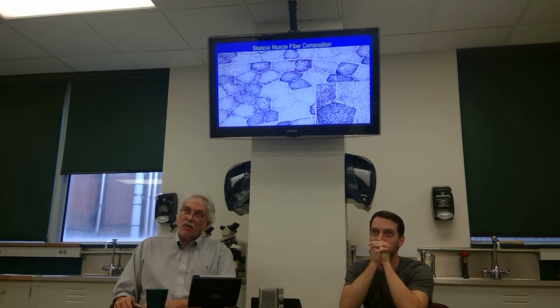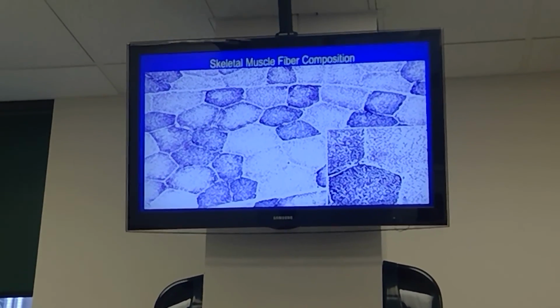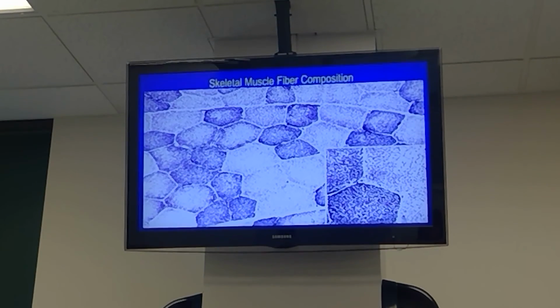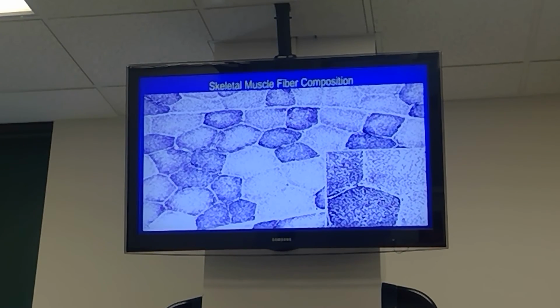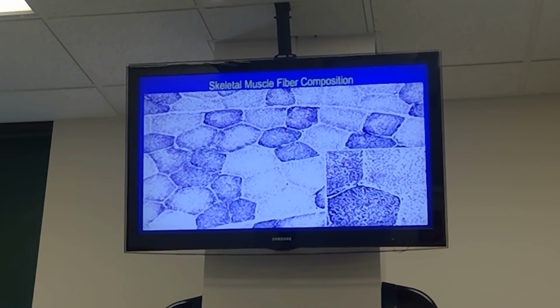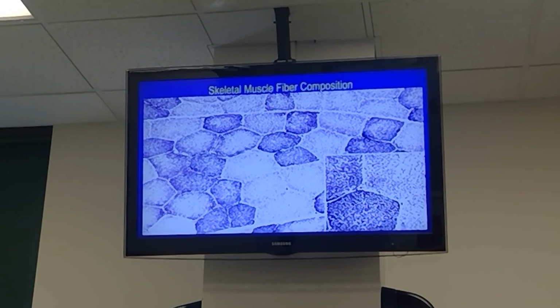Okay. One of the more modern ways to do that is to make a frozen section. You take a piece of tissue, you freeze it, and you cut it on an instrument called a cryostat, which keeps it cold, so it's hard enough to be cut with a very sharp knife. Then you layer on it a variety of different substrates that will be acted upon by the enzymes in the frozen tissue.